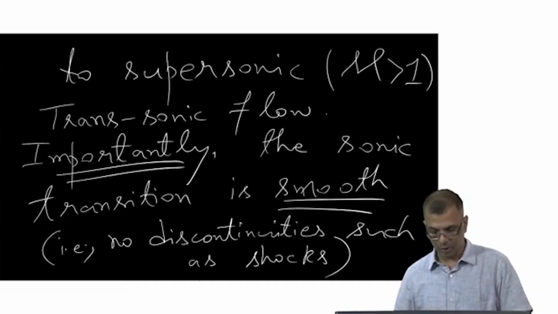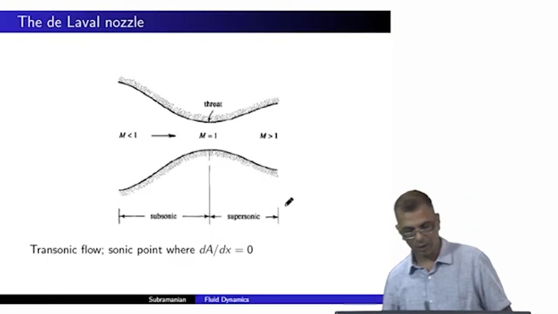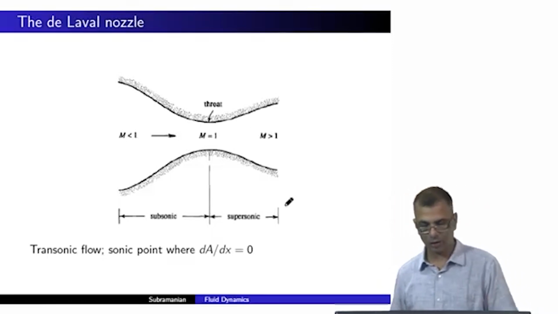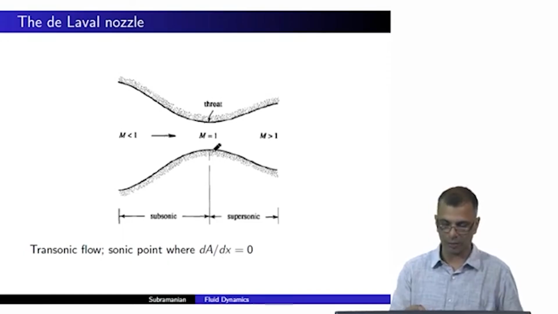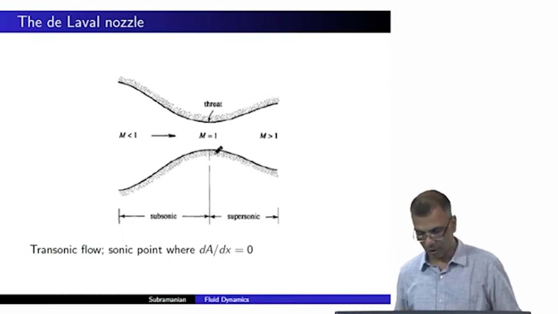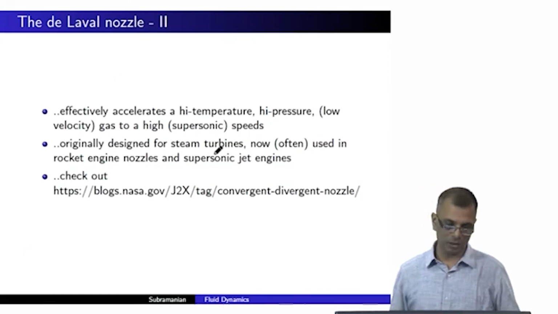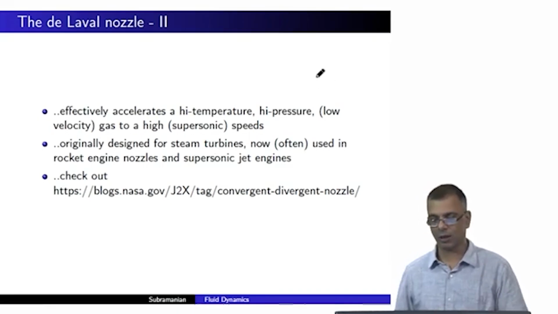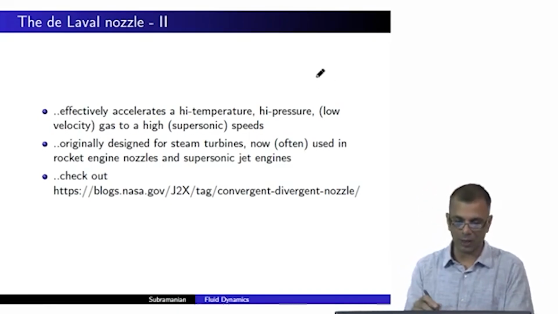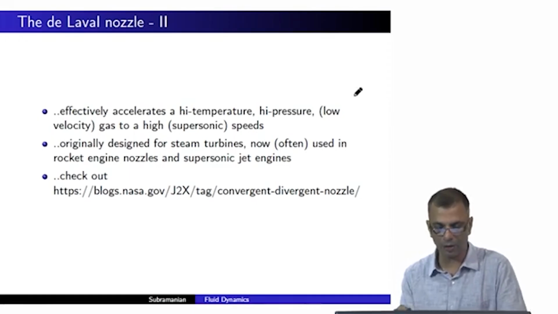Okay, right. So having emphasized this, let's go on. The sonic point happens where dA/dx is equal to 0, right here at the throat, right? Now, just to re-emphasize, the de Laval nozzle is a device which effectively accelerates a high temperature, high pressure, low velocity flow.